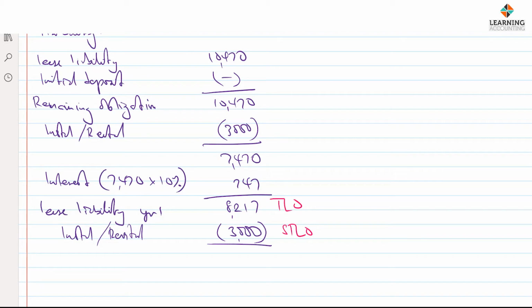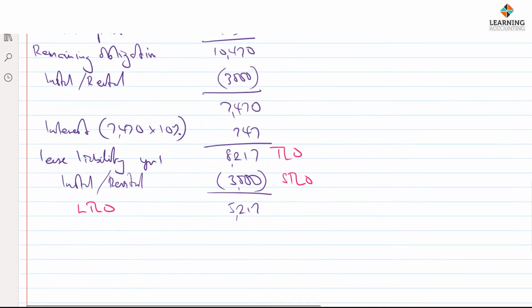And whatever balance you get at that point in time is your long-term lease obligation, and that figure is 5,217, because that would be the figure there.